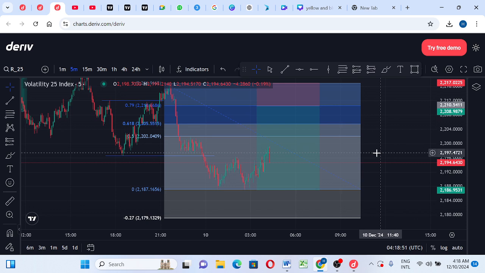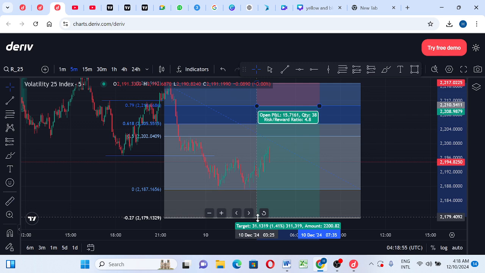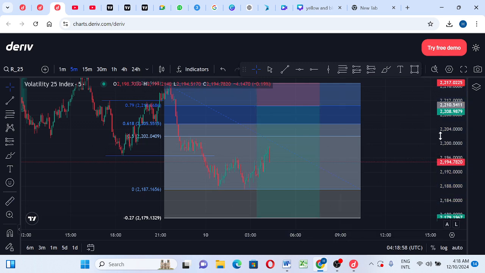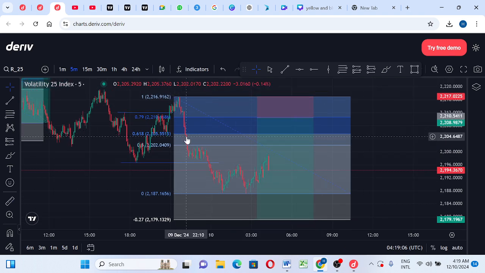If you have good appetite, you want to hold to this point, minus 0.2 level, it's fine by me. You can actually still do that because you are in a downtrend, so it's going to hit your take profit. So this is what we have for the Volatility 25 index.